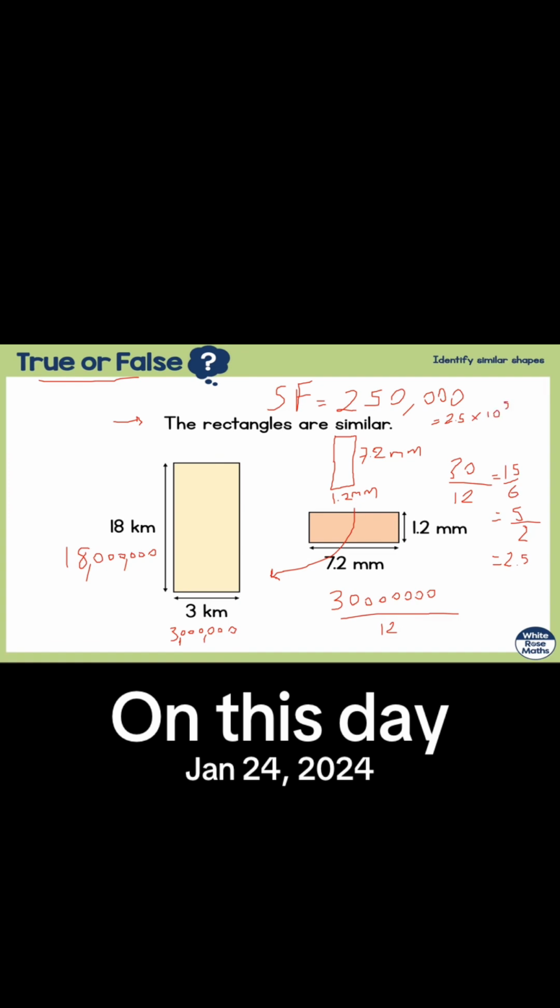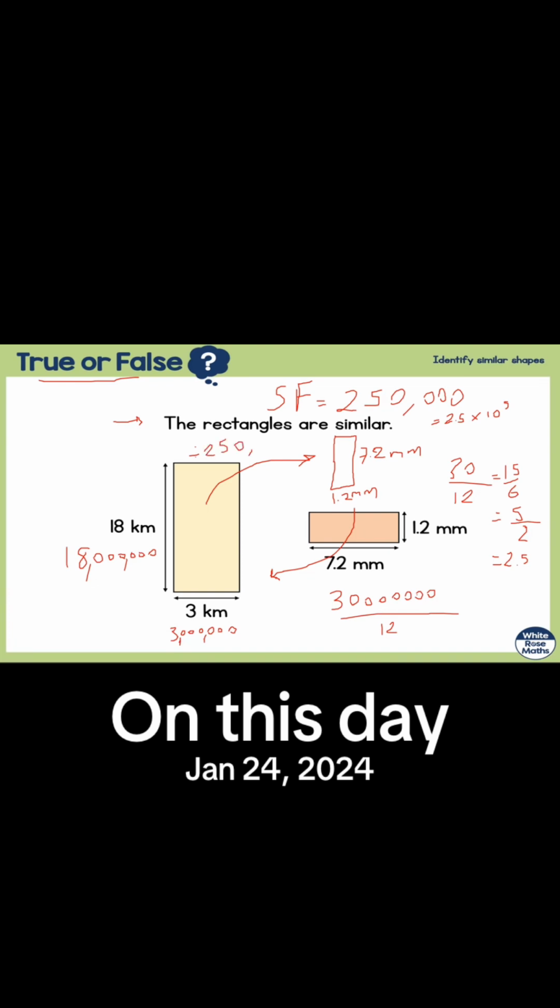So that's my scale factor, and that is correct. To go from here to here, times by 250,000, and to go from here to here, I'm dividing by 250,000, in millimeters. Sorry for waffling on there, but hopefully that makes sense.